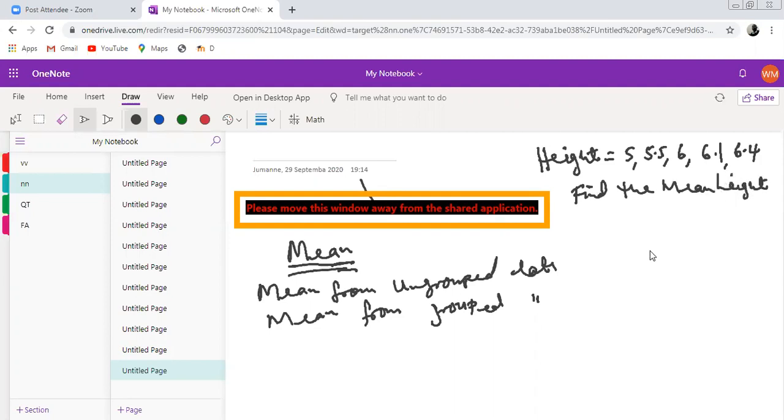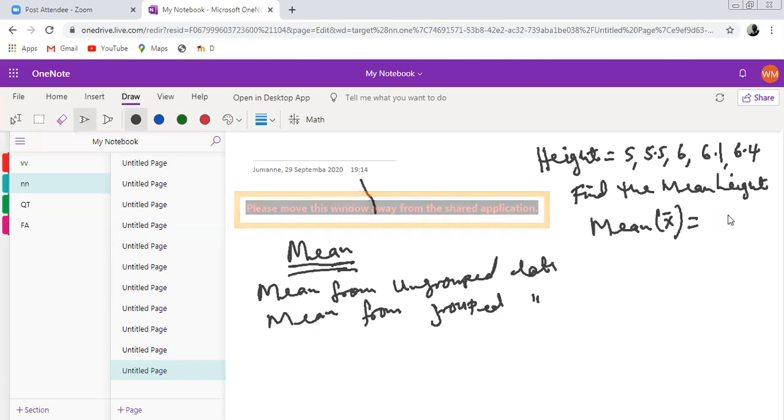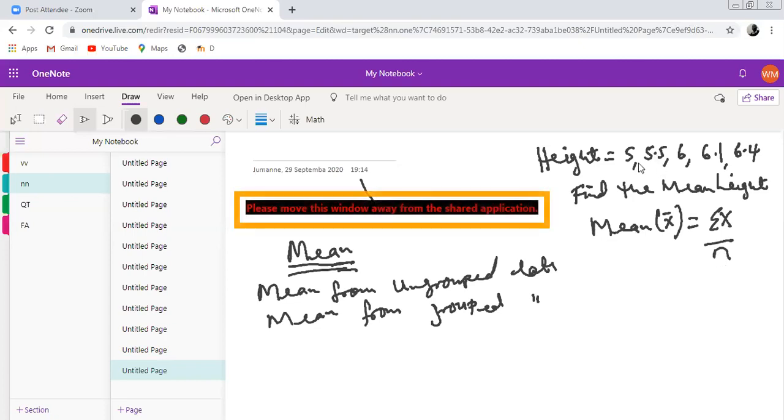Mean for this case, which is normally denoted by x bar, is given by the summation of x over n. The values that I have here are my x's. And then I divide by n, which is the number of observations. Remember, anytime this sign is presented anywhere, this is the sum.